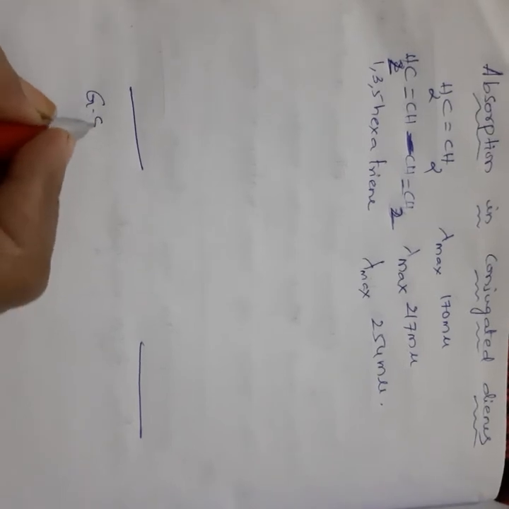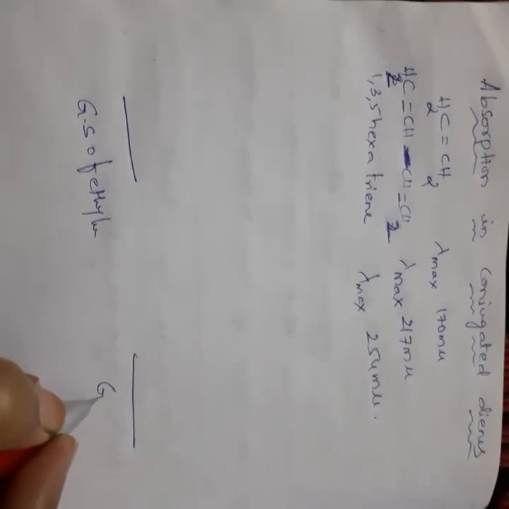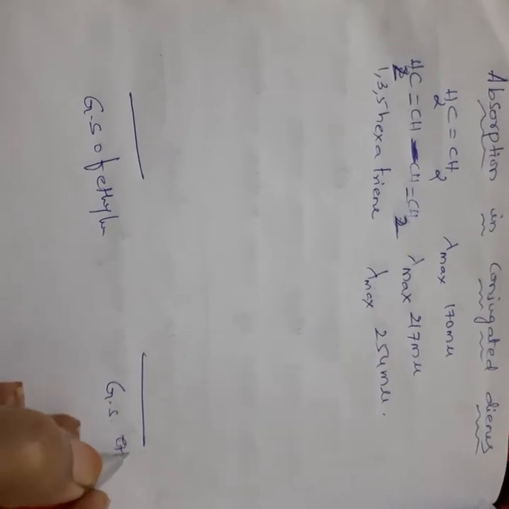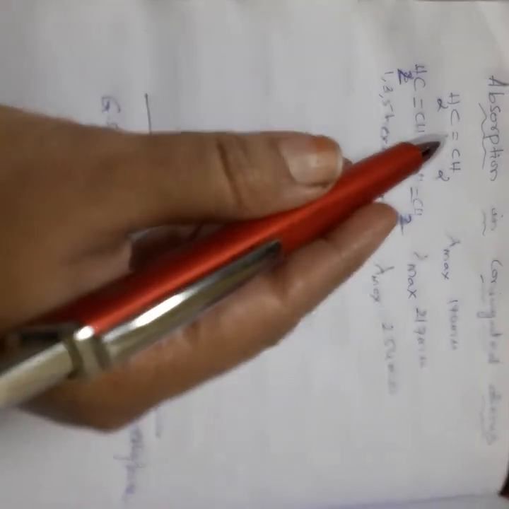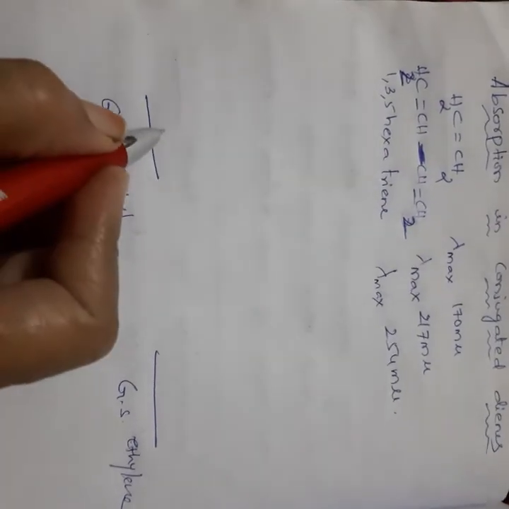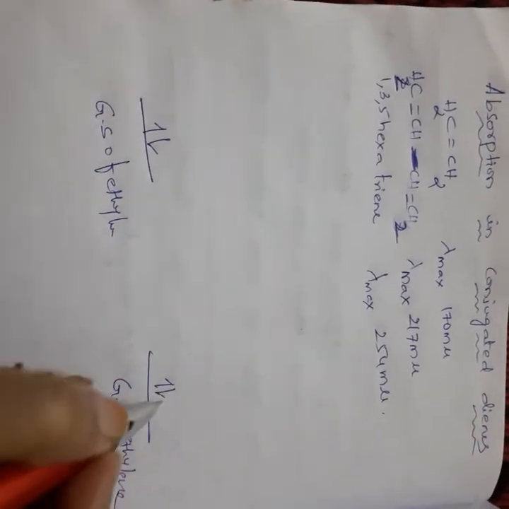This is the ground state of the first ethylene, and this is the ground state of the second ethylene. Because in ethylene we have one pi bond, that is, there are two pi electrons represented like this. Here also there are two pi electrons.